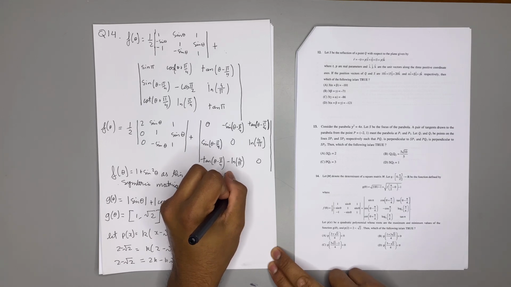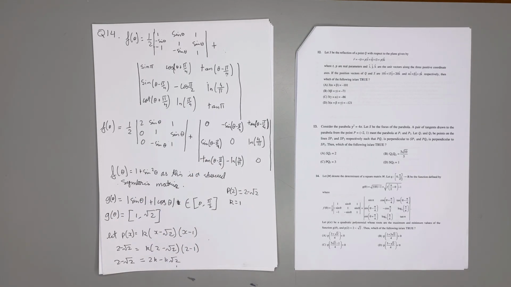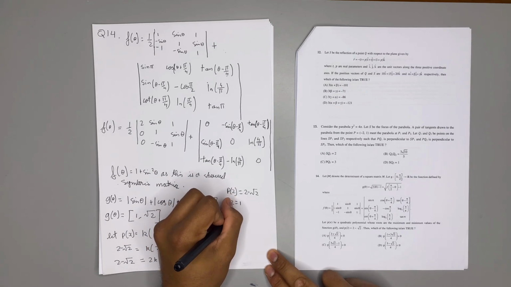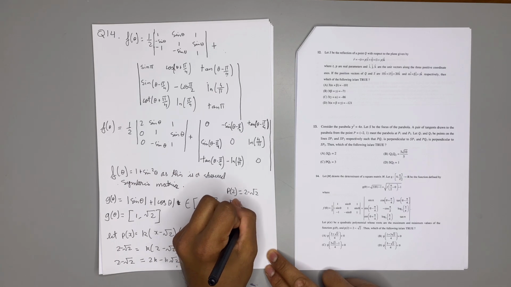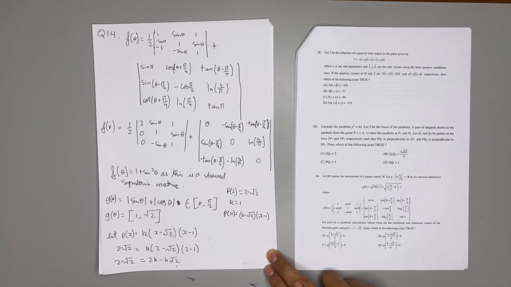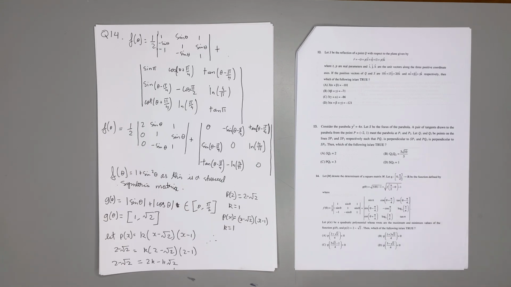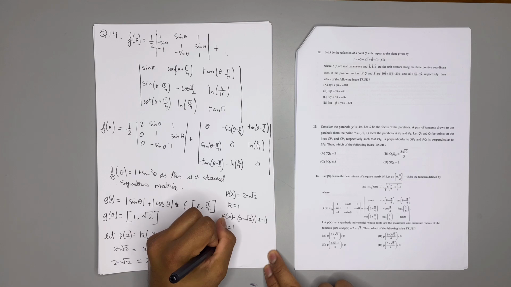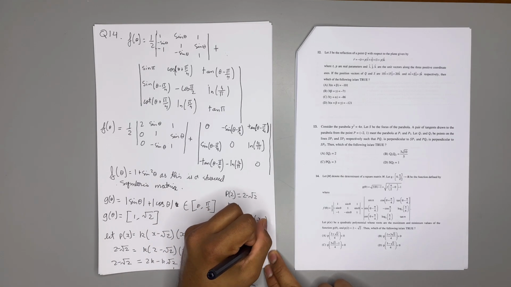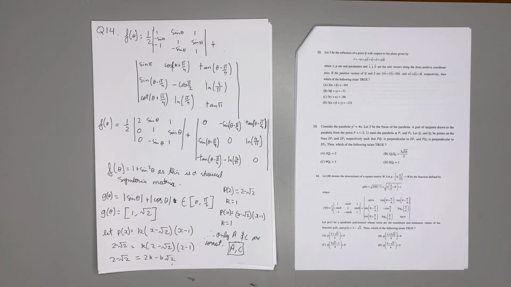Coming back over here, when p of 2 equals to 2 minus root 2, we know k equals to 1. When p of x equals to x minus root 2, x minus 1, k equals to also 1. Therefore, by observing these two values, when we sub in them individually into these, only A and C are correct. Therefore, A, C is our final answer for question 14.